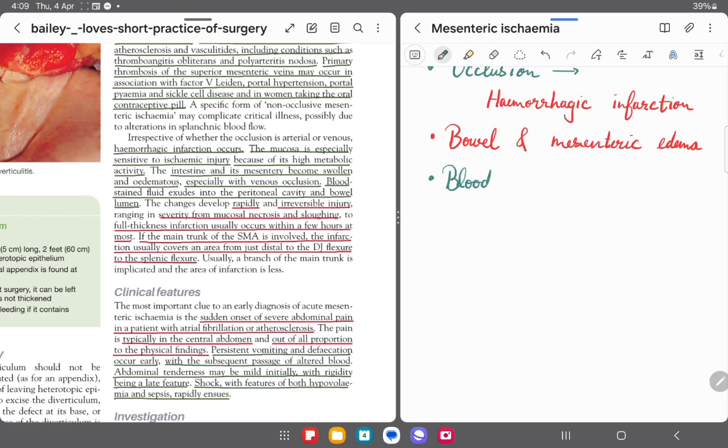Blood-stained fluid exudes in the peritoneal cavity and bowel lumen.